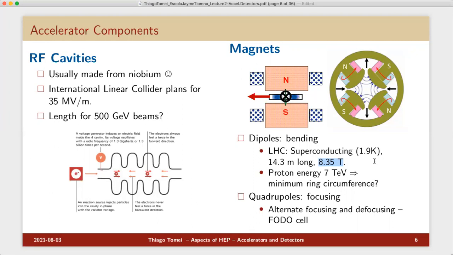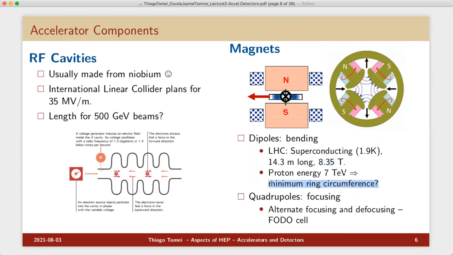And the answer is the 27 kilometers of the LHC, of course. And that's one of the technological problems that accelerators face. We cannot get much stronger fields, and therefore we have to have large curvature radii, which means large accelerators.